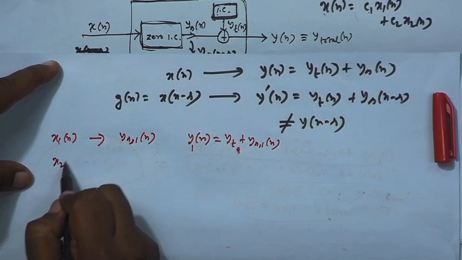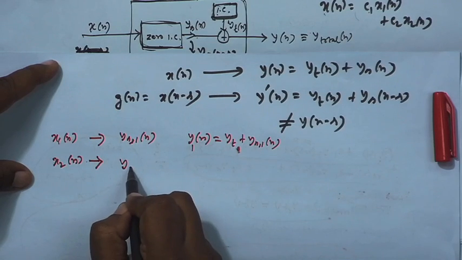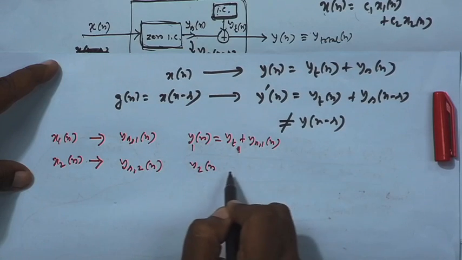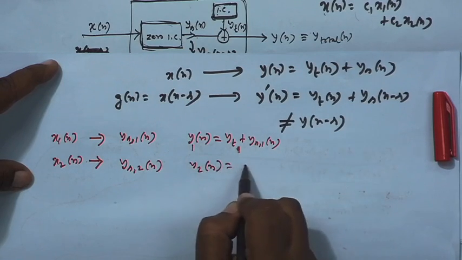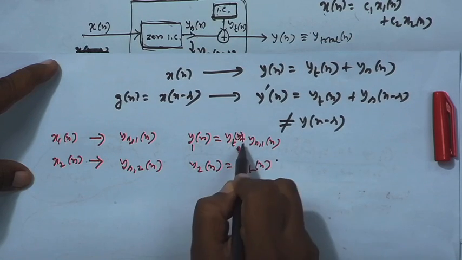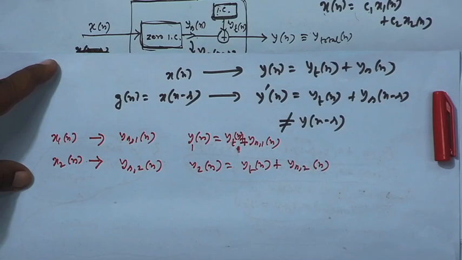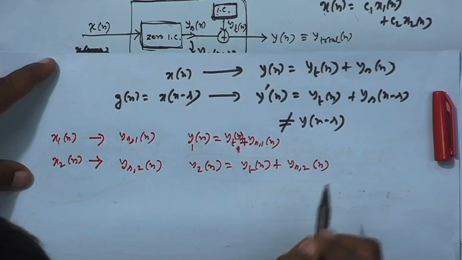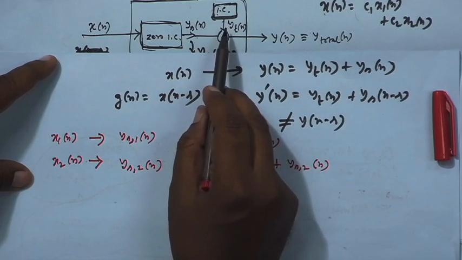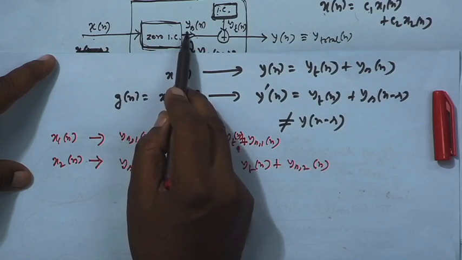Next time I give x_2[n], and the corresponding output is y_t[n] plus y_s2[n], so the overall output has the same y_t[n]. Here y_t[n] is common and has nothing to do with the input side; the input is hitting this system and y_s[n] is formed.